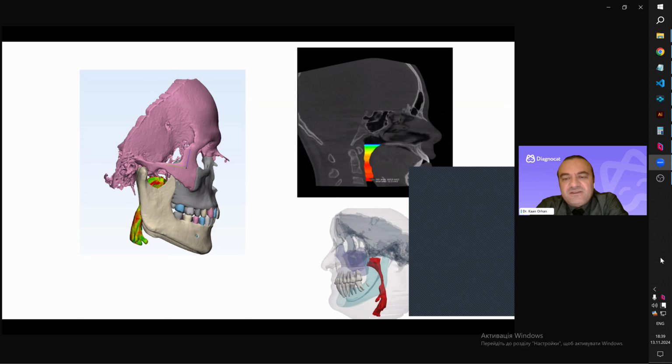See how nicely the airway was segmented by DiagnoCat in 2D and 3D format and also calculated. So as a dentist, we can have this information and we can forward it to an ENT doctor or in a medical profession in terms of airway obstruction.